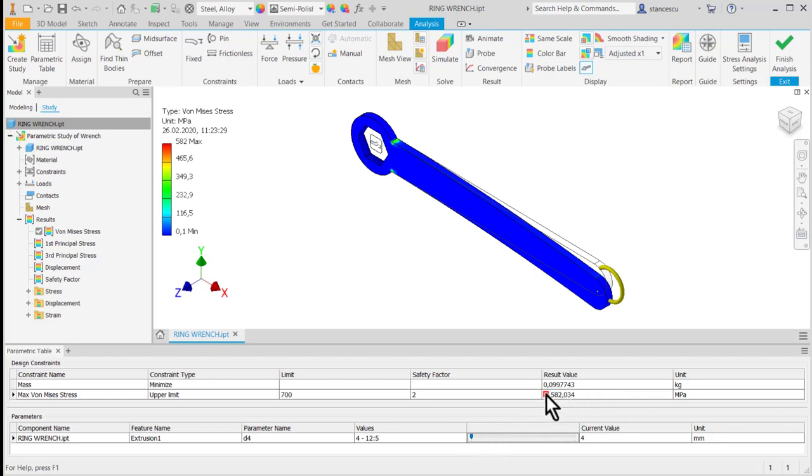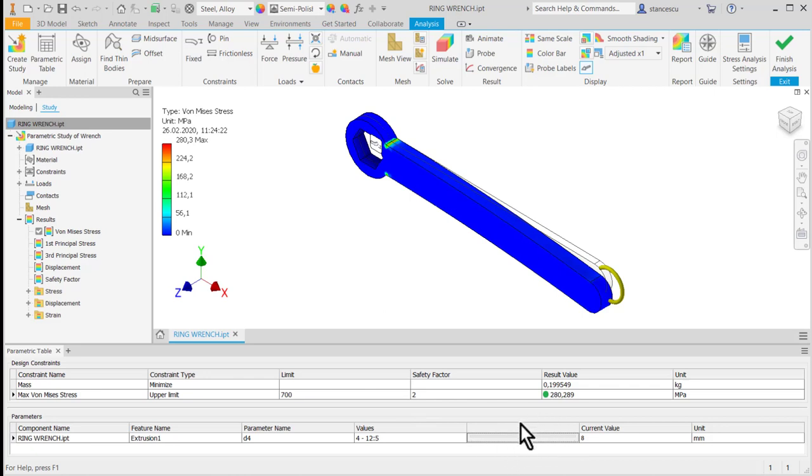Well, this is not acceptable because the resistance is not acceptable. If you multiply 389 by 2, you find a greater value than 700. When you go here, you have a smaller value because this means 560, multiplied with the safety factor.